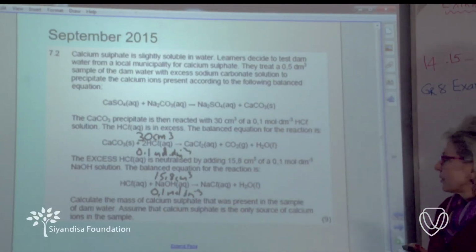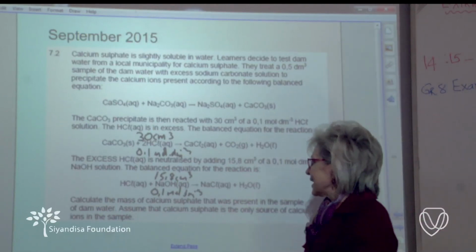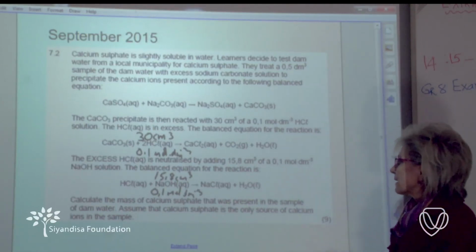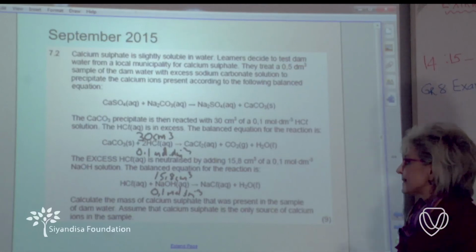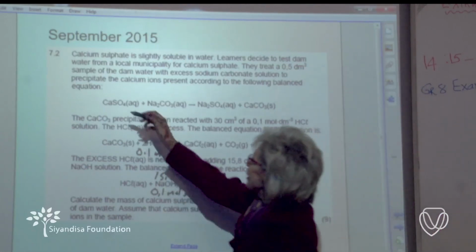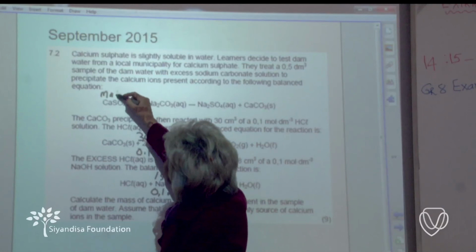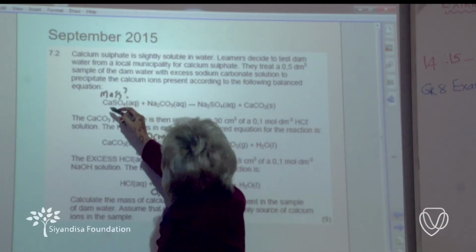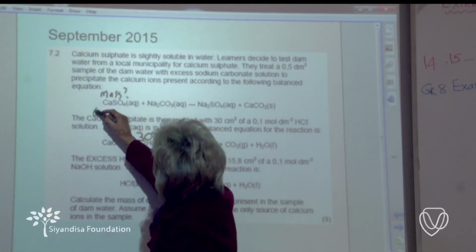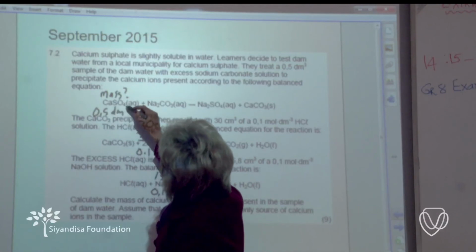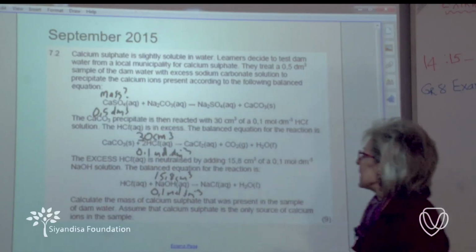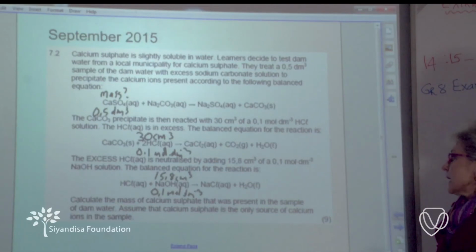The balanced equation for the reaction is given. And the question is, calculate the mass of calcium sulfate that was present in the sample of dam water. For this one, we know that we had 0.5 cubic decimeter of that solution. Assume that calcium sulfate is the only source of calcium ions in the sample.